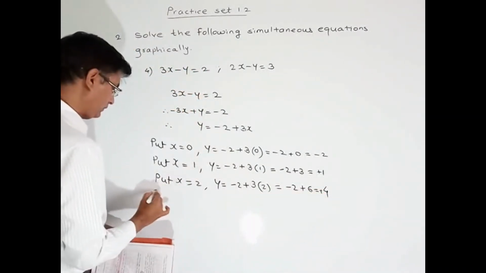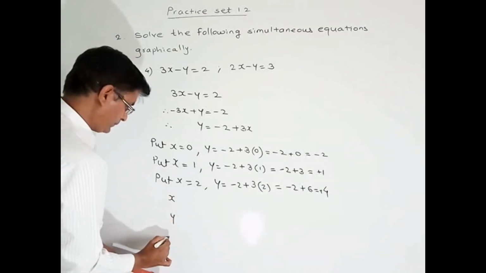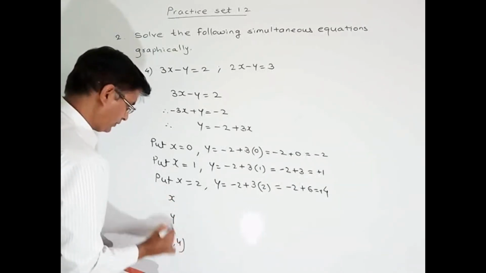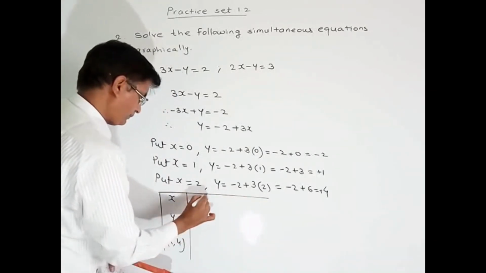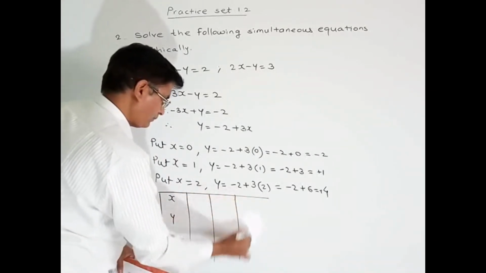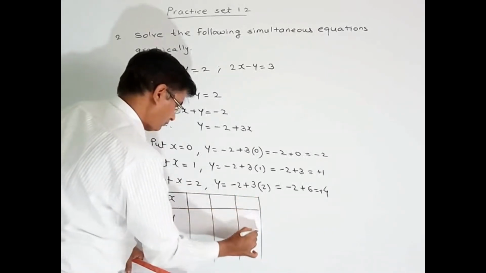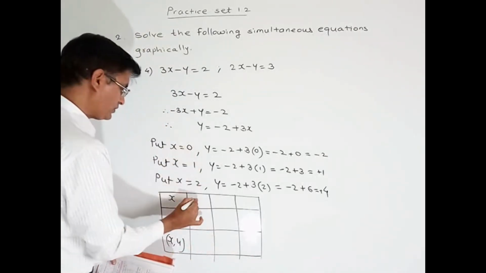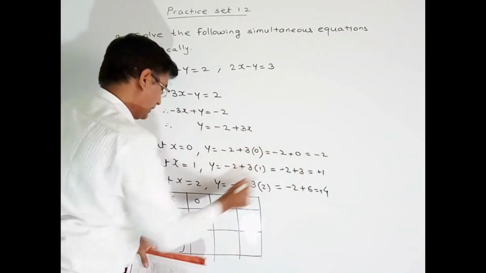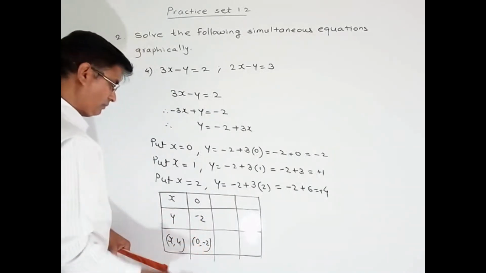So I will draw the table x, y, x comma y. The value of x is 0, y is minus 2, so the first ordered pair is 0 comma minus 2.